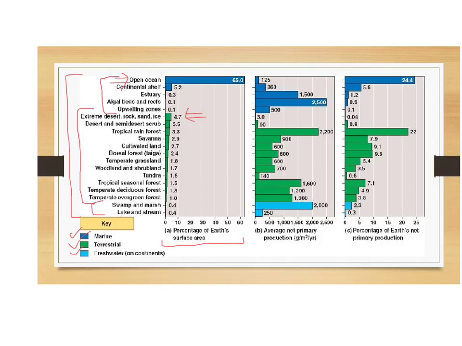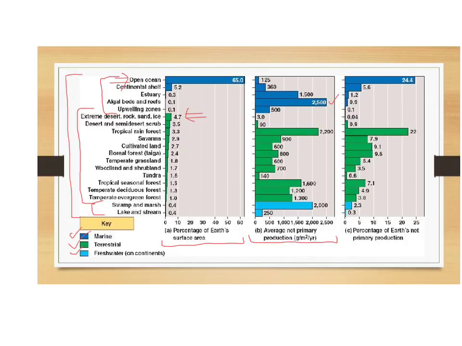Moving on to graph B. Graph B shows our average net primary production in grams per meter squared per year. So we need to look at our outliers here. This is the first one, algal beds and reefs. Algal beds basically means algae beds, and algae are photosynthetic protists.